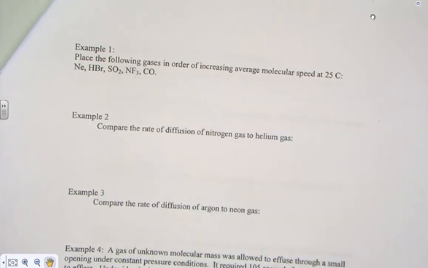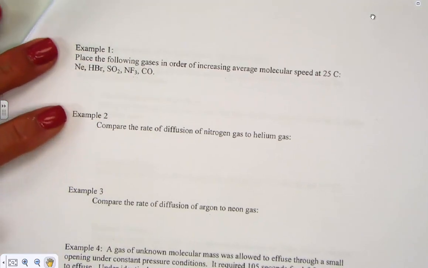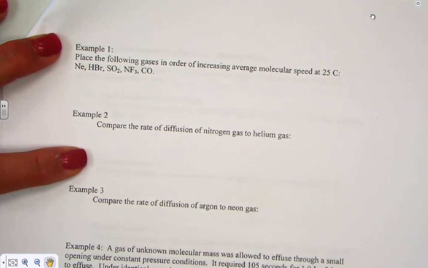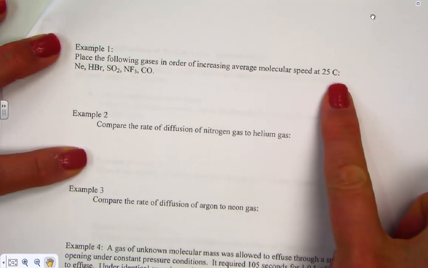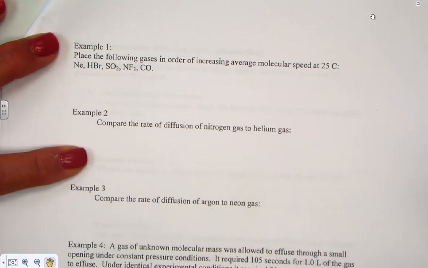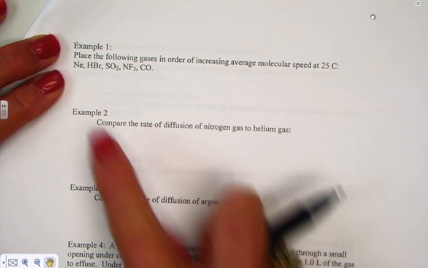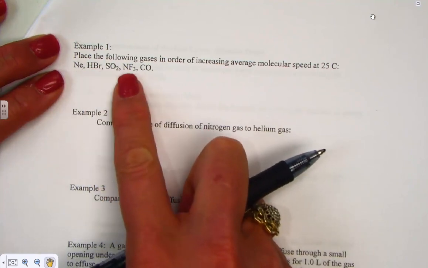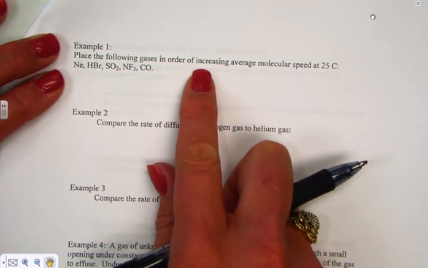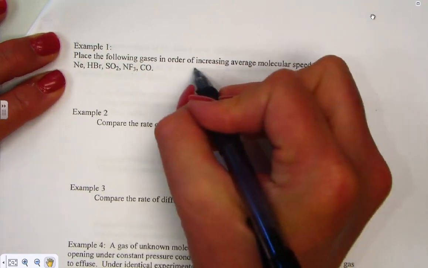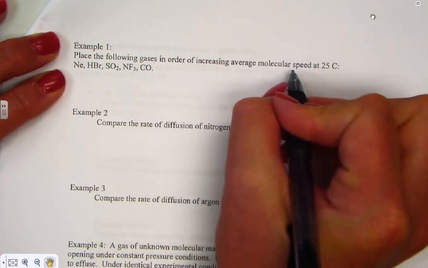In our first example problem, top of page 12, we're asked to place the following gases in order of increasing average molecular speed. They're all at the same temperature. So the 25 Celsius is just letting us know they're all at the same temperature. All we really need to do is go to work and find the molar masses of each of these molecules and the increasing average molecular speed.